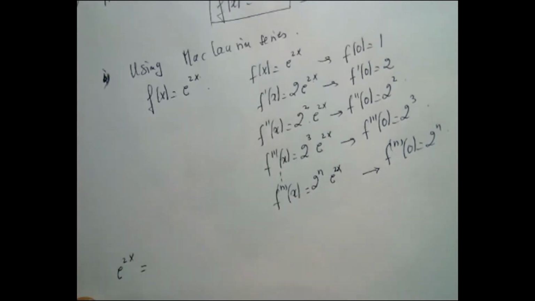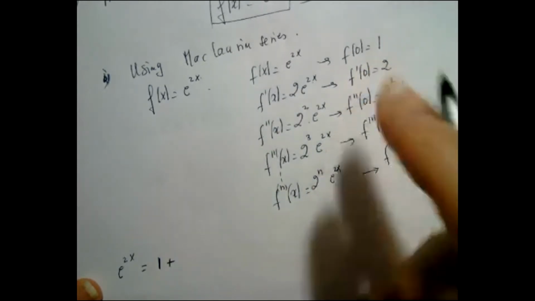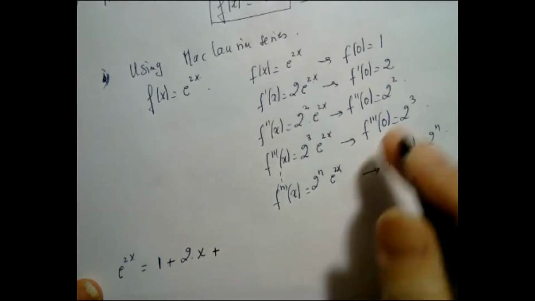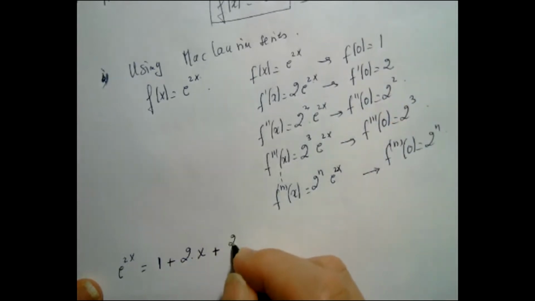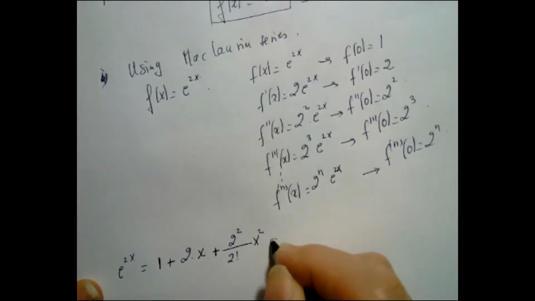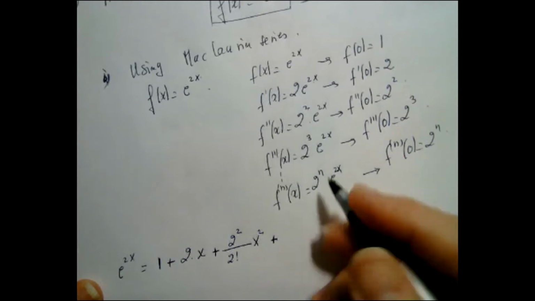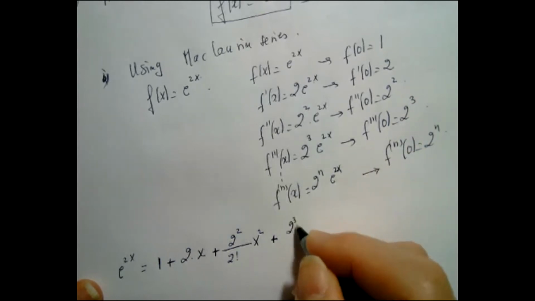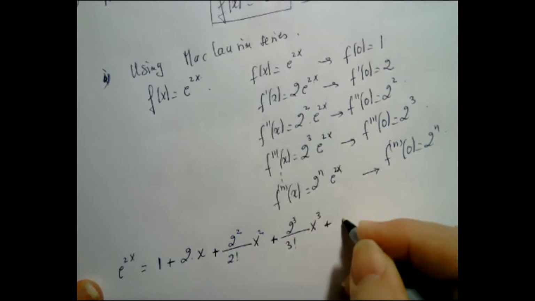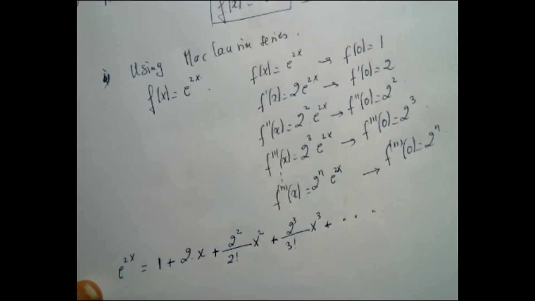equal to, using the formula, 1 plus f prime at 0 times x plus f double prime at 0 over 2 factorial x squared plus the third derivative over 3 factorial x cubed plus so on and so forth.